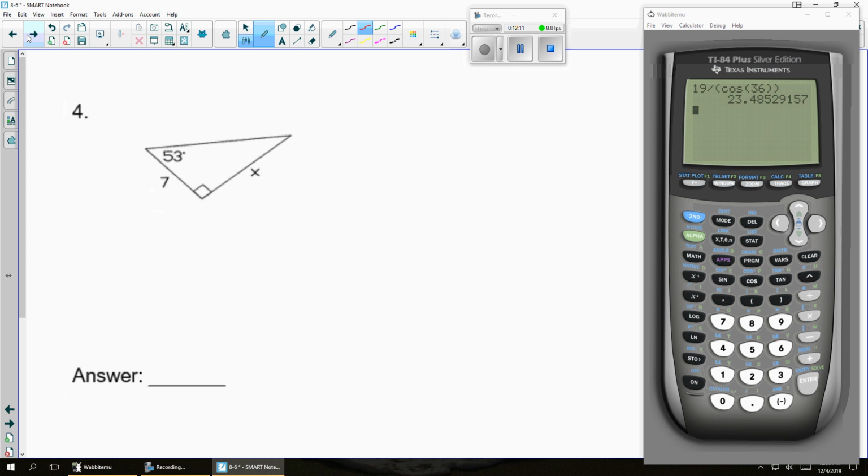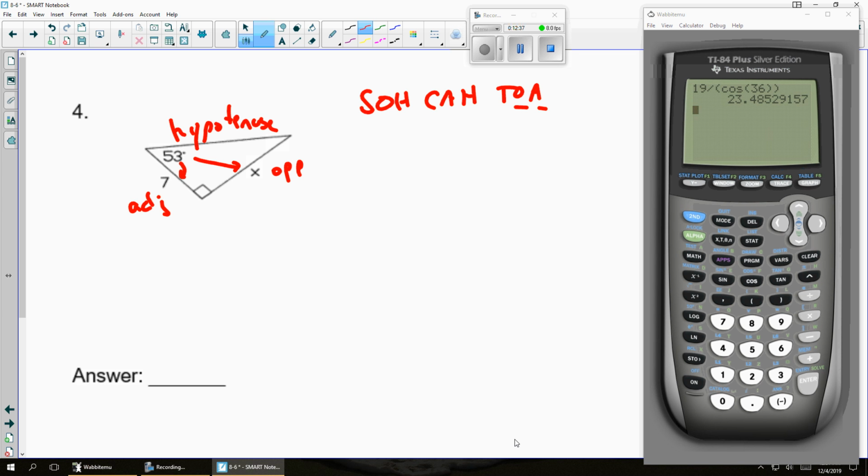And finally, let's look at number 4. So I'll give you a second. Label the parts. Figure out which trigonometric function you're going to use. In this case, it's the tangent, because I have the adjacent and the opposite are the sides that I have.